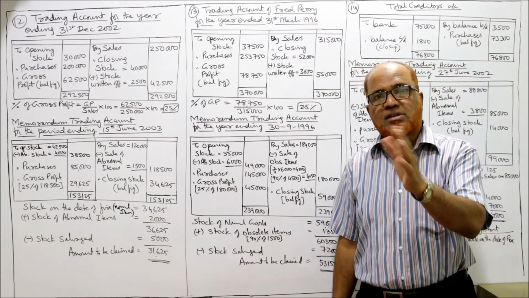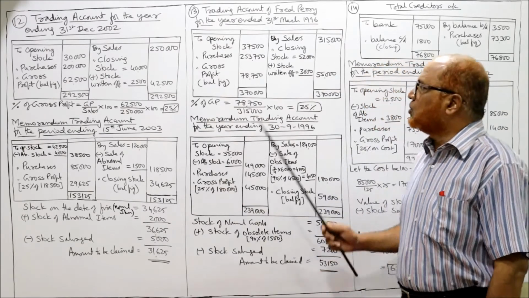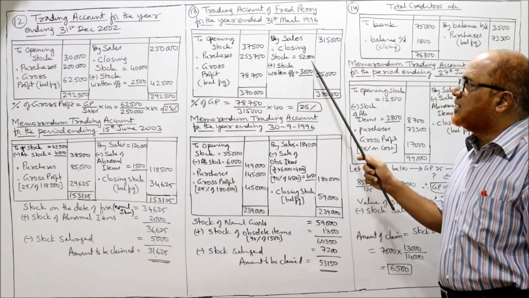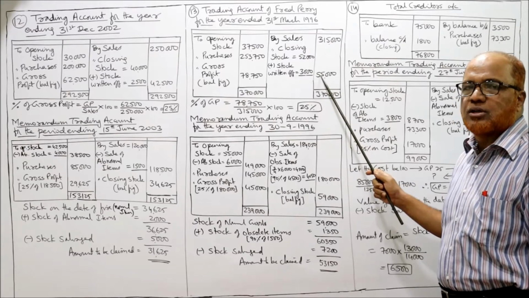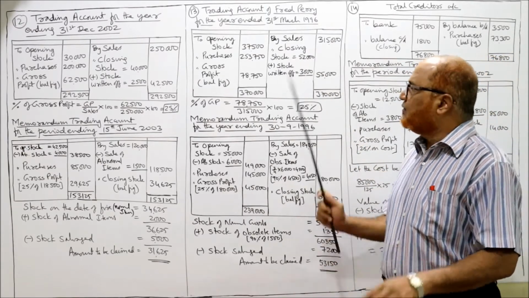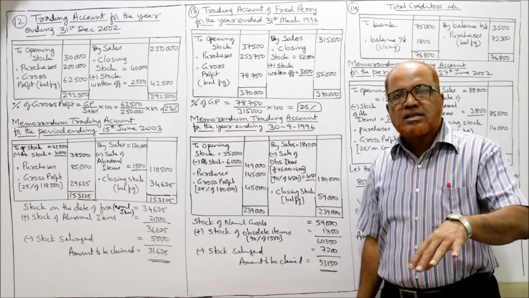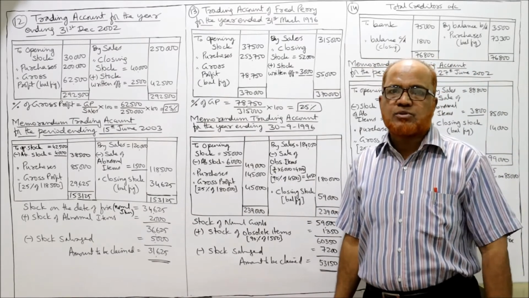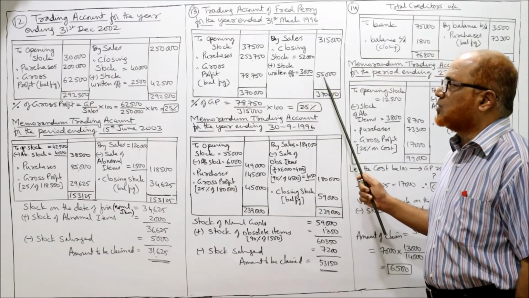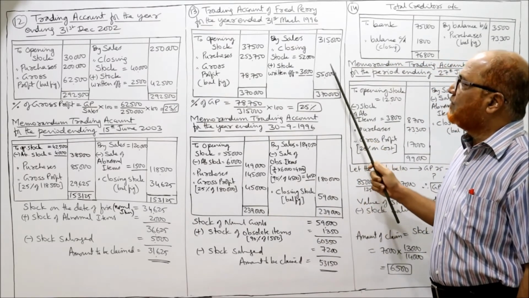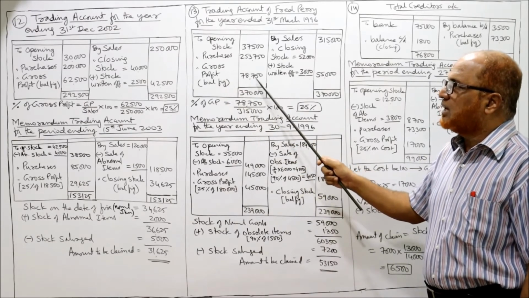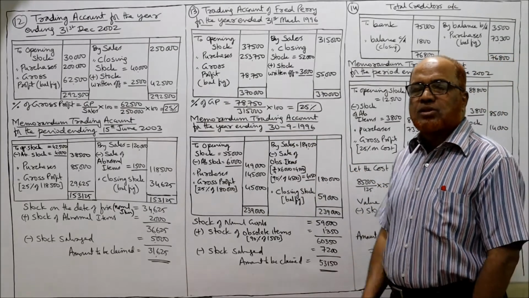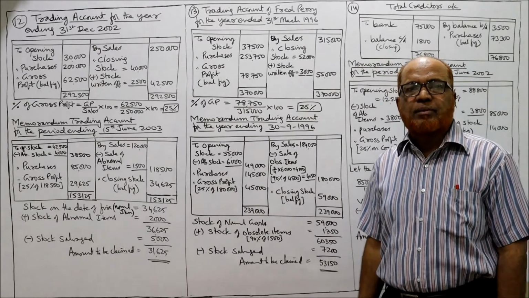So that 3,000 written off is added back. So the total closing stock is 55,000, right? The total stock, that is, this 55,000 includes normal items and obsolete items. So 3,50,000, now 3,70,000. Balancing figure gross profit is 78,750.